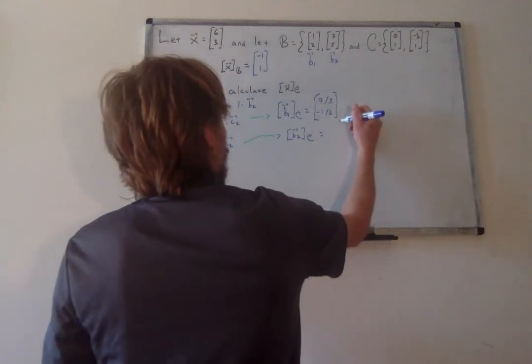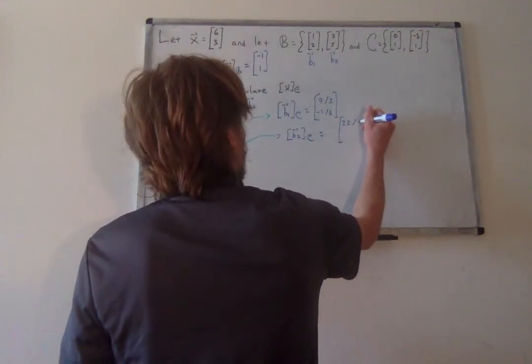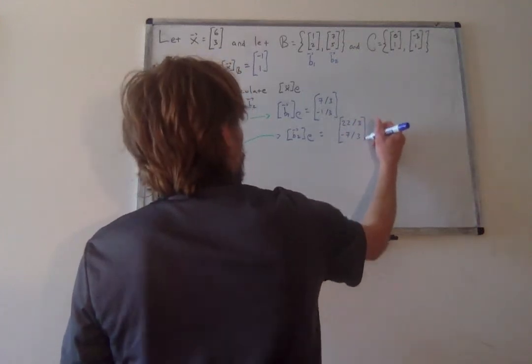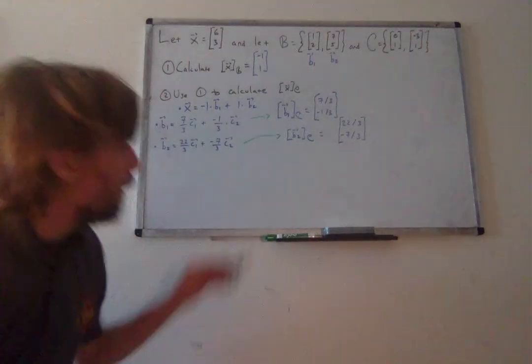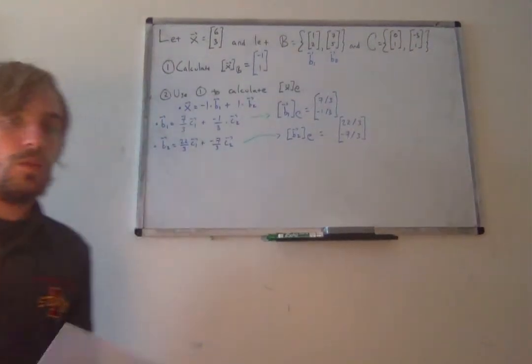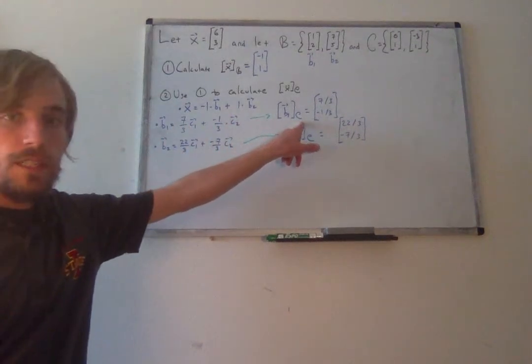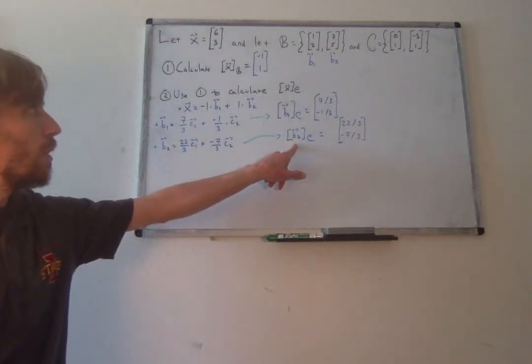I thought I could get away with writing these in green to differentiate them a little better, but it looks like green is a little too light. So there are two vectors that I wanted to write. Again, this gives me the C representation of B1 and the C representation of B2.